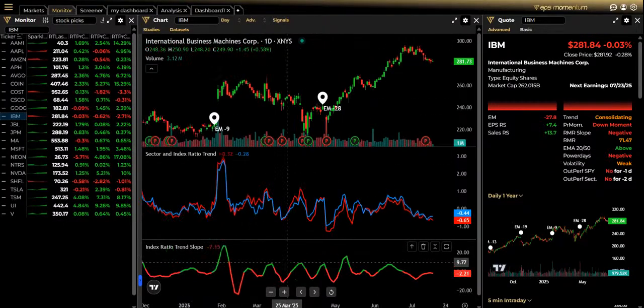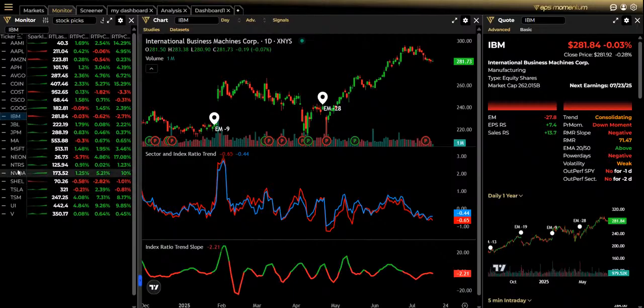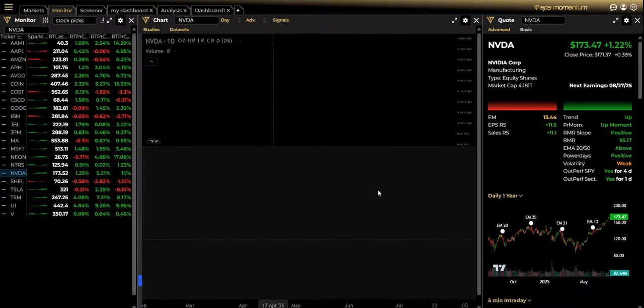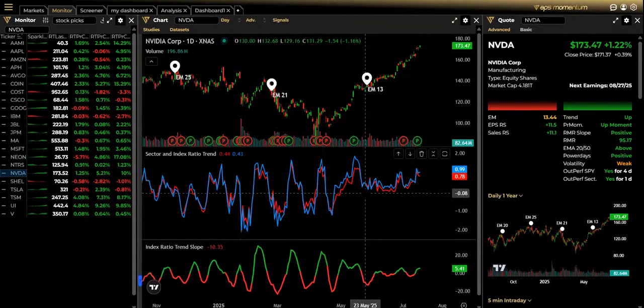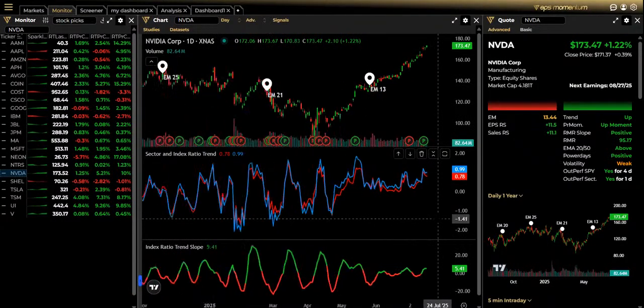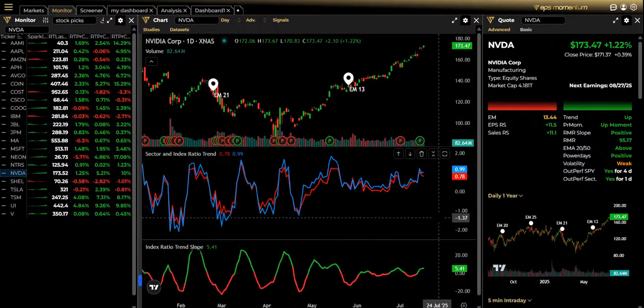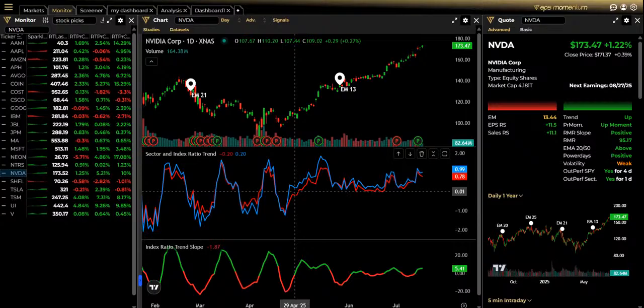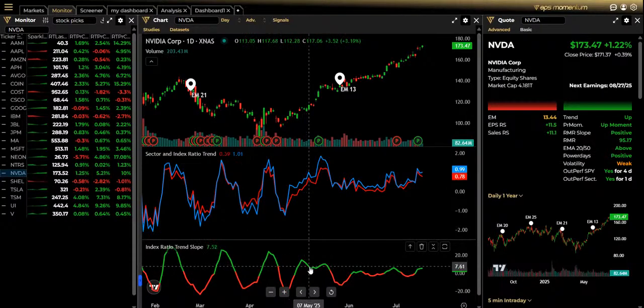A lot of oscillation here, so let's pick another name and see what result we get. On this one, maybe it's a little bit clearer. You have outperformance on the index starting here. The slope is very, very positive, still positive all the way.